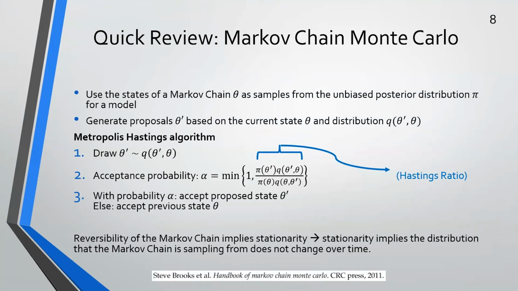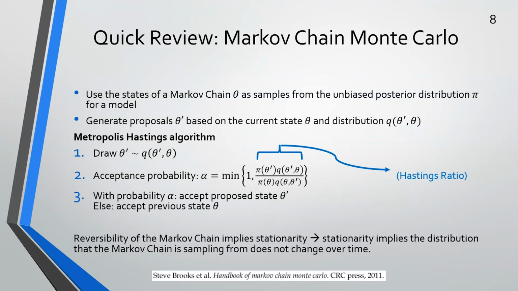So in the interest of time, I'll have to go fairly quickly through this, but as Geir mentioned, one of the approaches to working with Bayesian neural networks is the MCMC methods, Markov chain Monte Carlo. And if you are familiar with Markov chain Monte Carlo, you're probably familiar with the Metropolis Hastings algorithm, where we have a Markov chain for which the states of the Markov chain represent samples from our unnormalized posterior distribution.